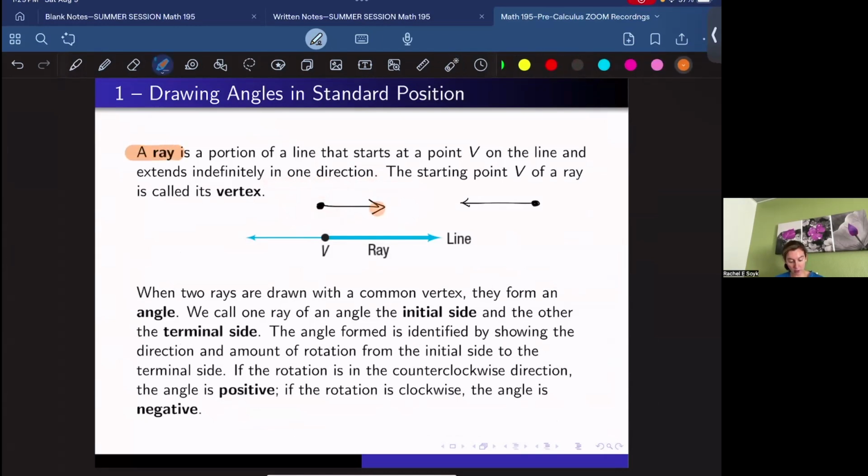And so you can have a ray shooting off to the right indefinitely, or you can also have a ray that shoots off to the left indefinitely. Okay. The starting point of a ray, aka the endpoint, is known as the vertex. So this little guy is your vertex.